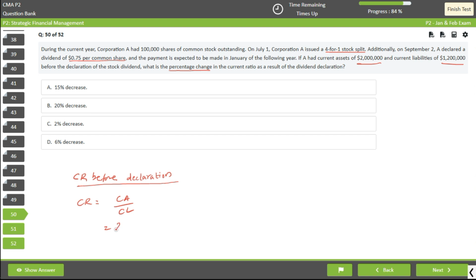So it's 2 million by 1.2 million, which is 1.67. Now current ratio after declaration.